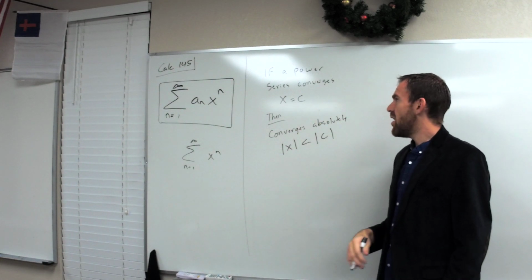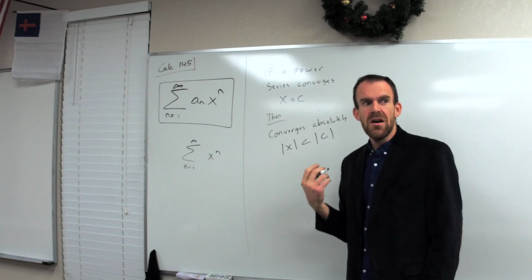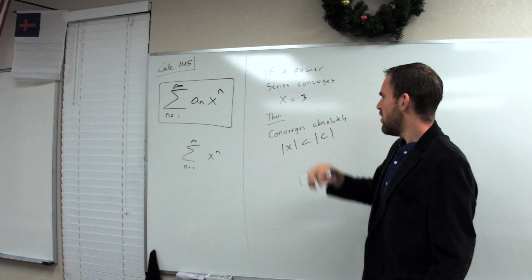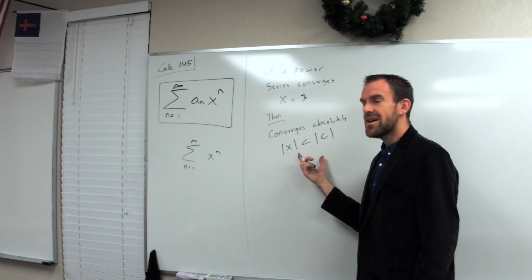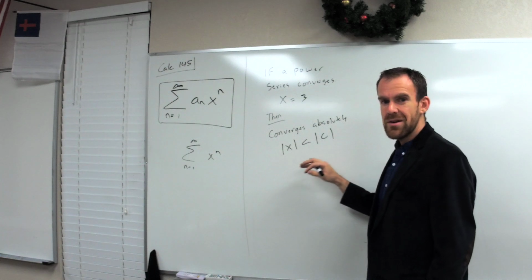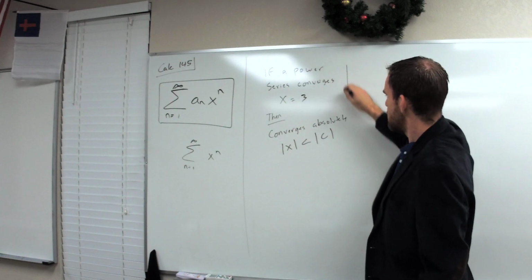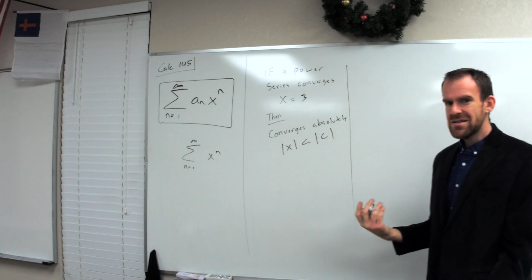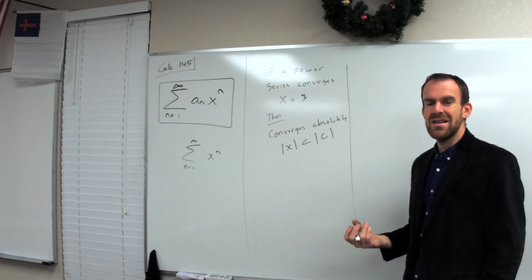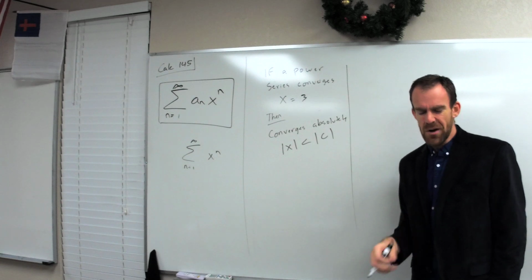So let's say we have a series that converges for x equals 3. Then we can say that it converges absolutely for any values between -3 and 3. That makes sense because we should be able to do a basic comparison test and say that the new series is a little bit smaller.